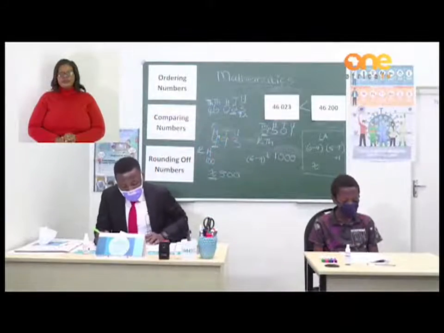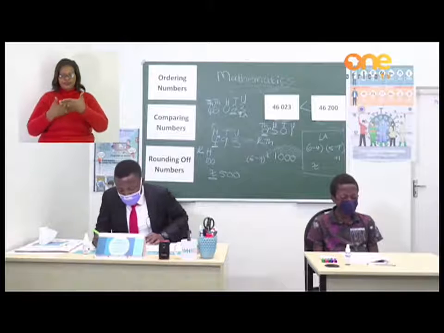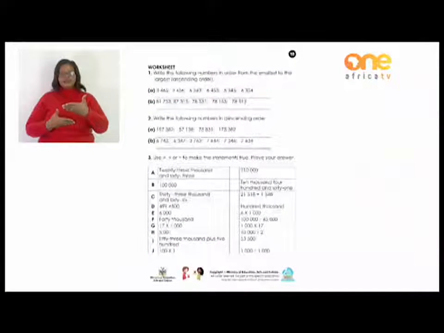Okay, we are now going to do the worksheet on page 15, which ends on page 16. But let us go to page 15 and start with our activity that you need to do at home. I will go through it with you, but you have to do this on your own.